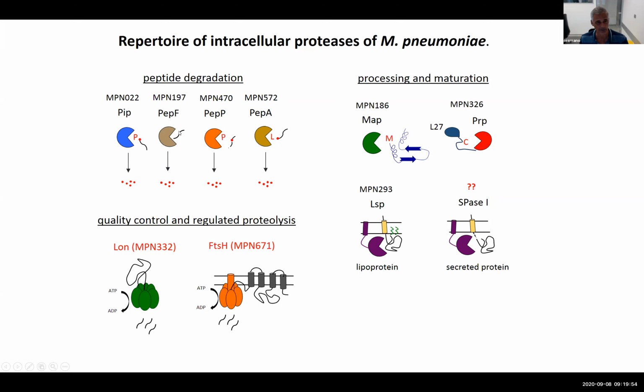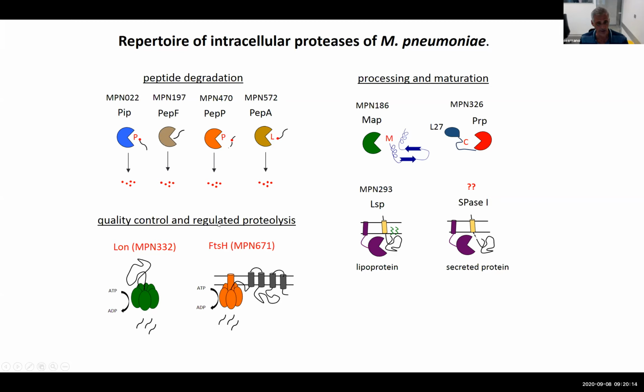Sorry, this one cleaves peptides in the center and this one at the N terminus. The methionine aminopeptidase removes the methionine from the N terminus of the protein. This one processes a ribosomal protein. This one cleaves the signal peptide from lipoproteins, and there is a signal peptidase I that we have not identified.